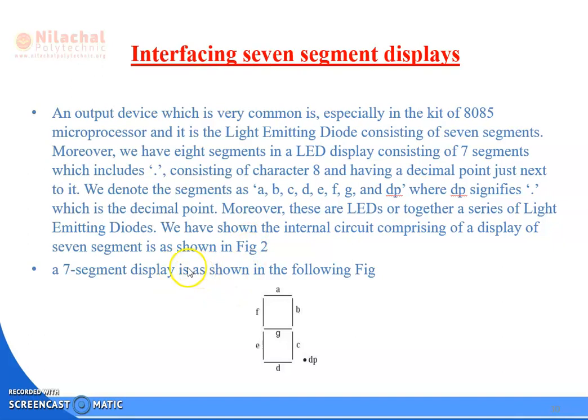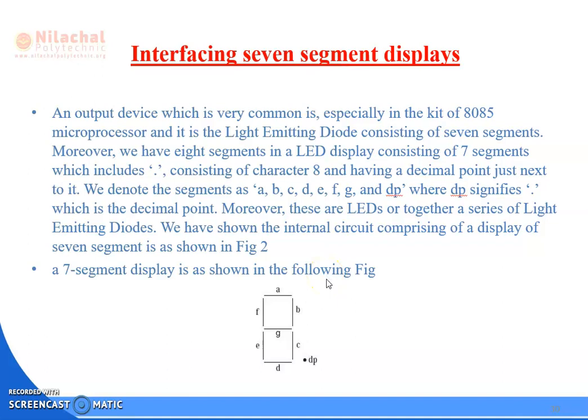Next is interfacing of 7-segment display. An output device which is very common, especially in the kit of 8085 microprocessor, is the light emitting diode display consisting of 7 segments. Moreover, we have 8 segments in this LED display, consisting of the character 8 and having a decimal point just next to it.